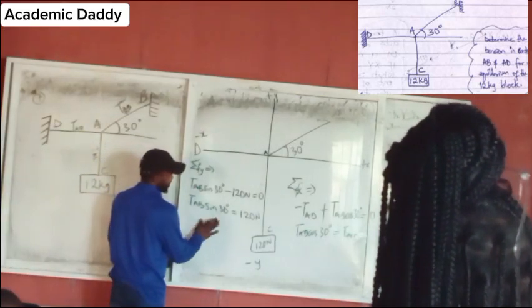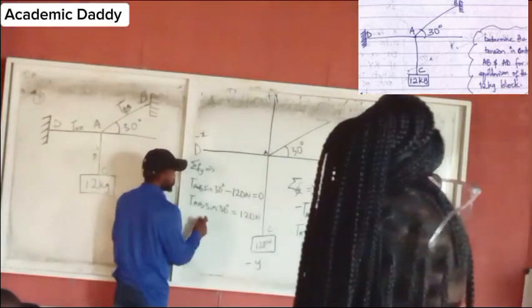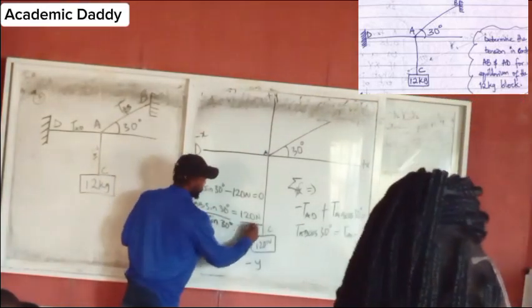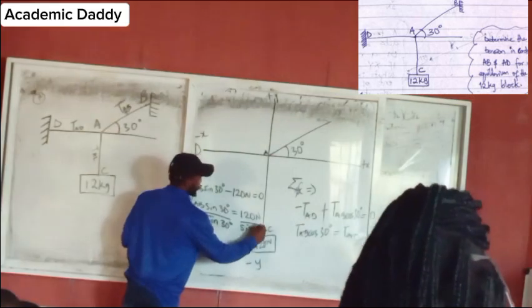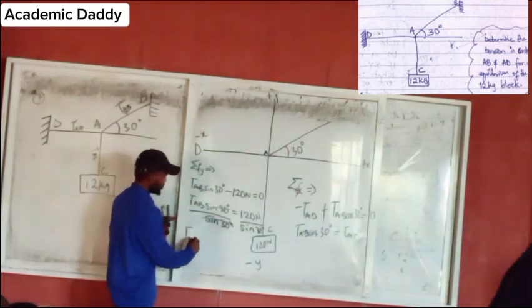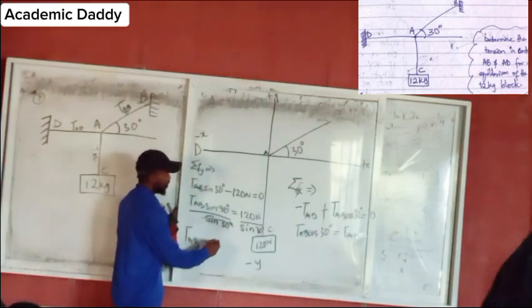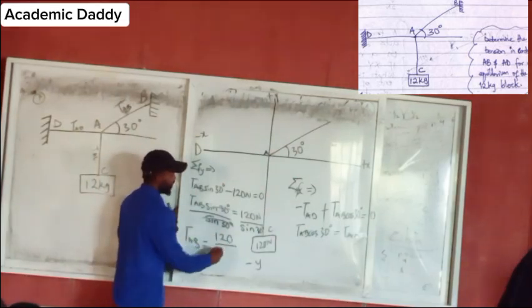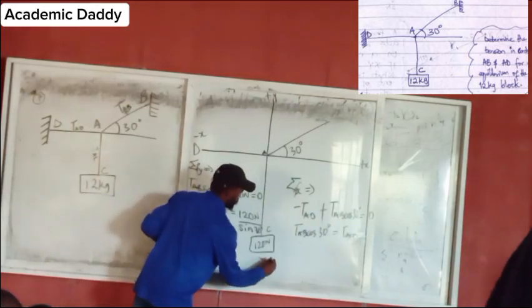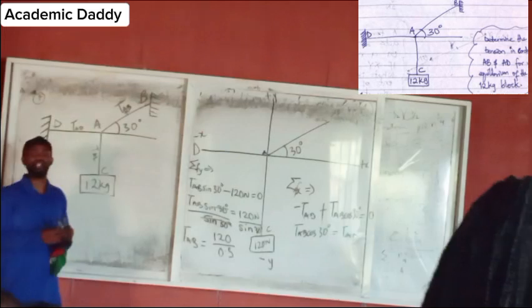Let's do it this way so I don't confuse you. Divided by sine 30, this will cancel this. So TAB is simply equal to 120 divided by 0.5. What do you have? 240.